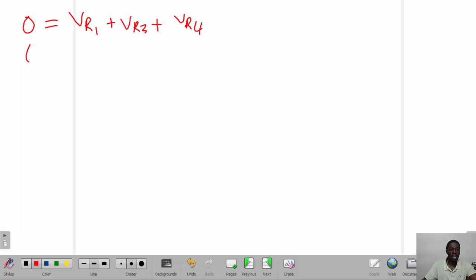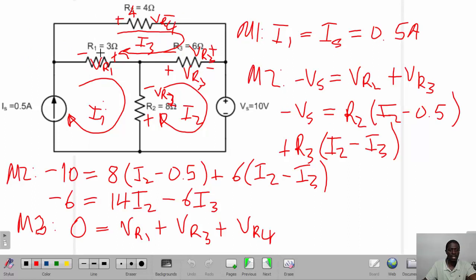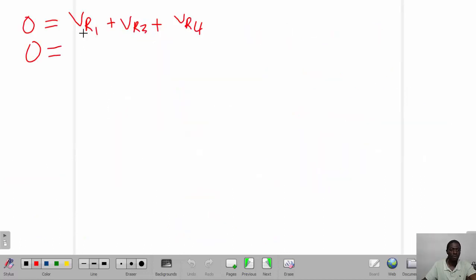When we expand that and insert in the values, VR1 has got shared currents, which are I3 and I1, and we know the value of I1. Therefore, when we solve here, we've got R1, I3 minus 0.5.